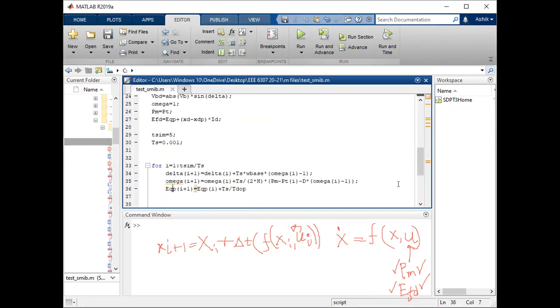So TDO prime into, we have EFD. EFD is another excitation voltage, or scaled version of excitation voltage. EFD minus EQ prime, which is one of the state variables, so it should be indexed, minus, we have XD minus XD prime multiplied by ID.